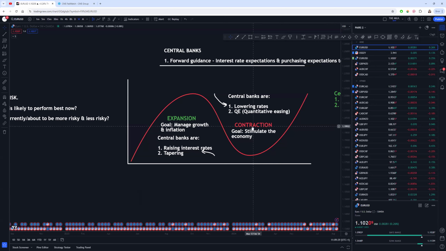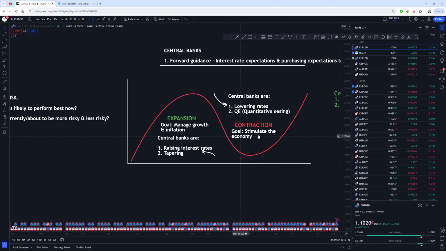Those companies are going to normally start to do well over the next maybe 6 to 18 months, rather than other sectors that maybe aren't so affected by it. Tech stocks typically will have a similar sort of effect as well. They're going to do well during these contraction phases most of the time, not always, but most of the time. And so understanding these is going to be really critical.